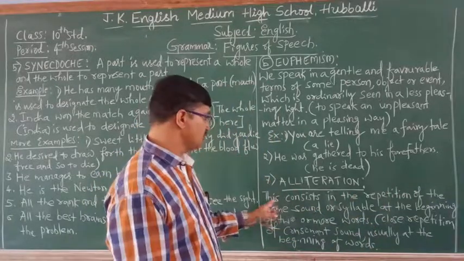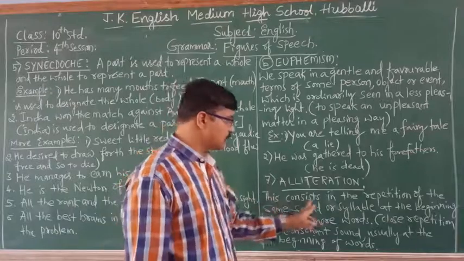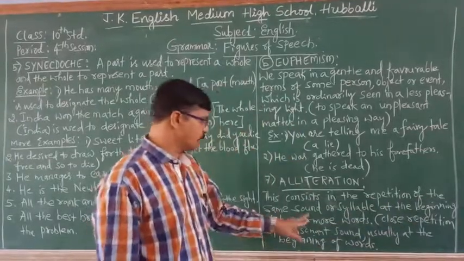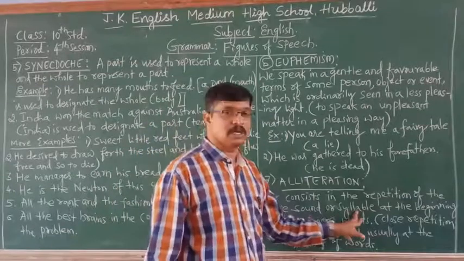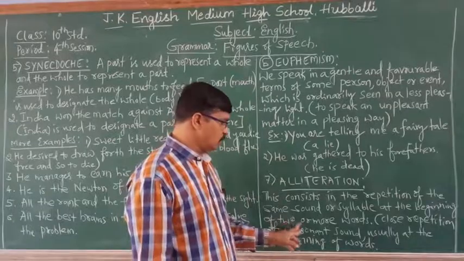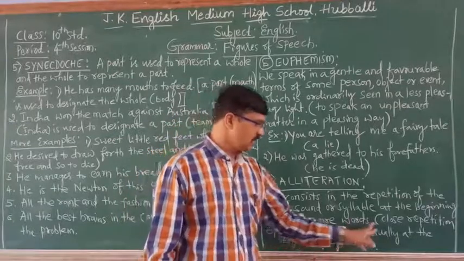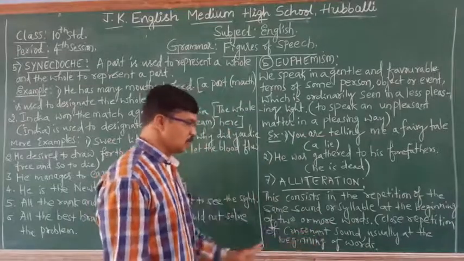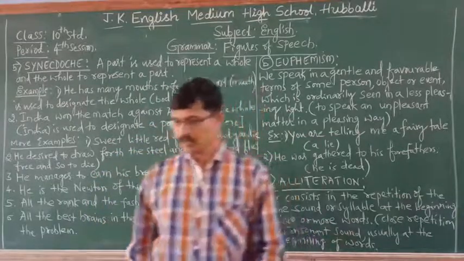Repeat once again. Alliteration consists in the repetition of the same sound or syllable at the beginning of two or more words. This is a close repetition of consonant sound, usually at the beginning of words.